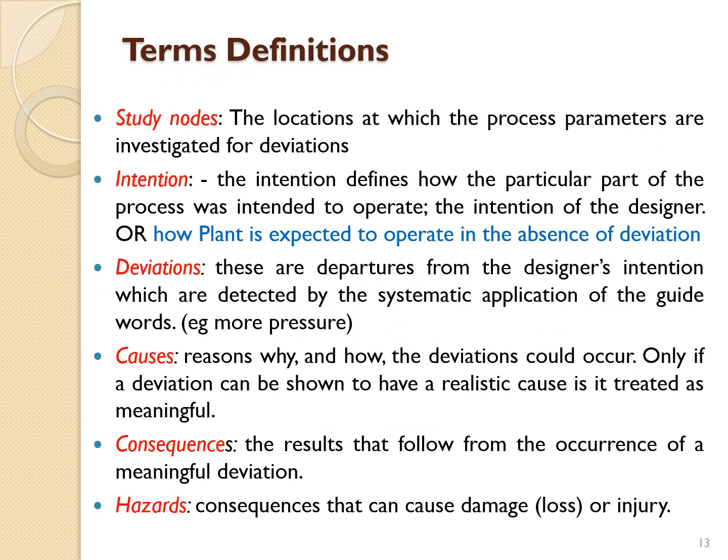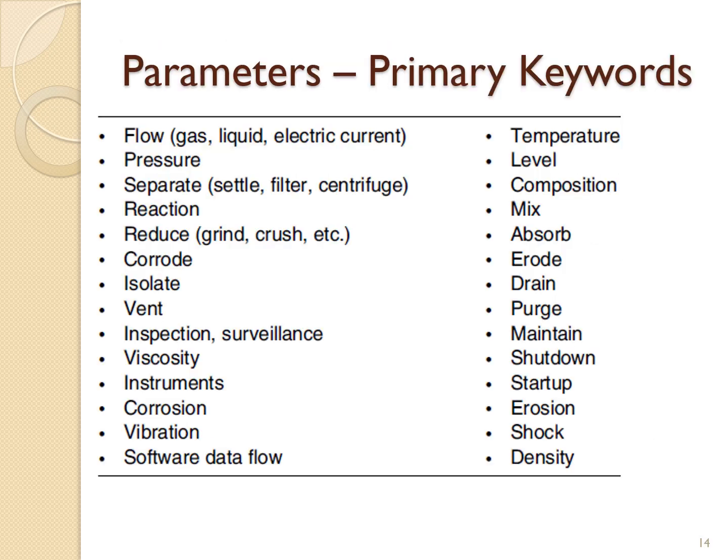So these are the different terms and definitions of them: study notes, intention, deviations, causes, consequences, hazards. These are the list of the process variables, or we can say parameters.